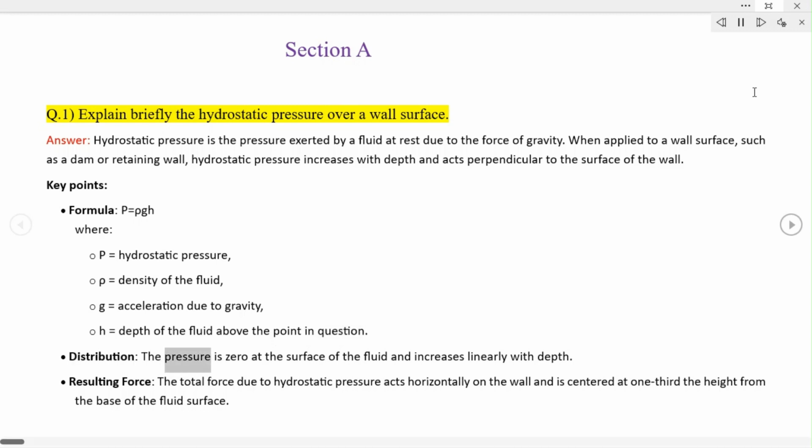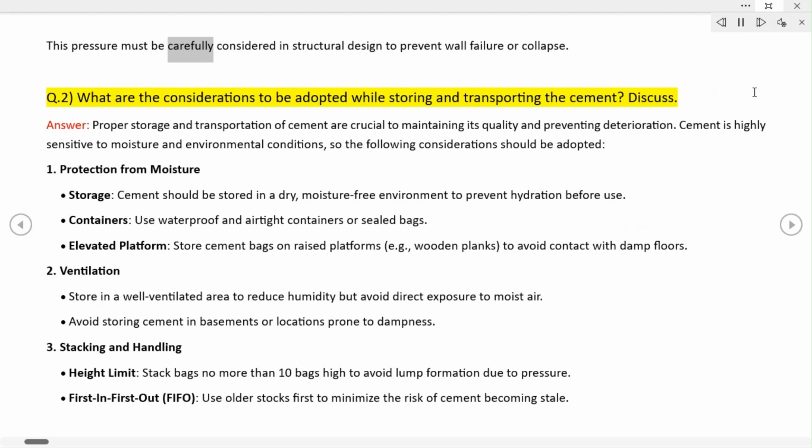Distribution: the pressure is zero at the surface of the fluid and increases linearly with depth. Resulting force: the total force due to hydrostatic pressure acts horizontally on the wall and is centered at 1/3 the height from the base of the fluid surface. This pressure must be carefully considered in structural design to prevent wall failure or collapse.